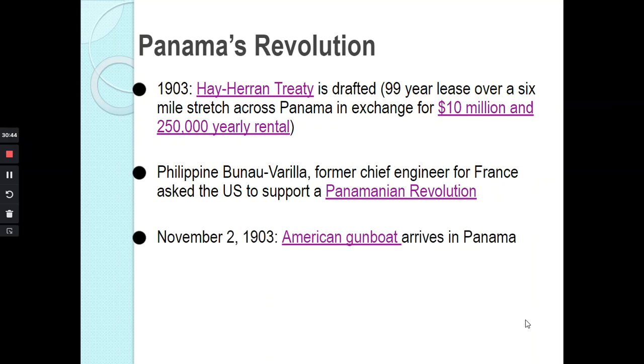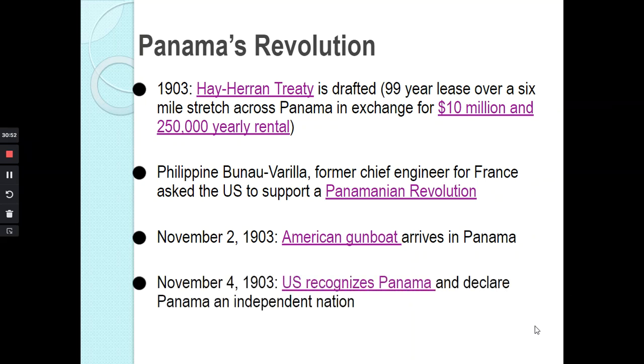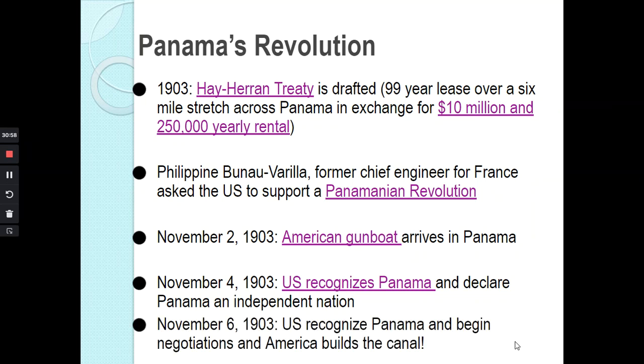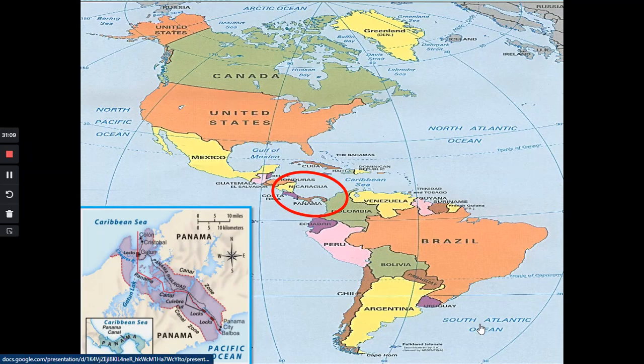You can see here, oh, here it is. I was just ahead of myself. November 2nd, 1903, American gunboats show up in Panama. We recognize Panama as an independent nation. And November 6th, like I said, 4 days later, we recognize Panama, and Colombia has surrendered basically, and we begin to build the canal.